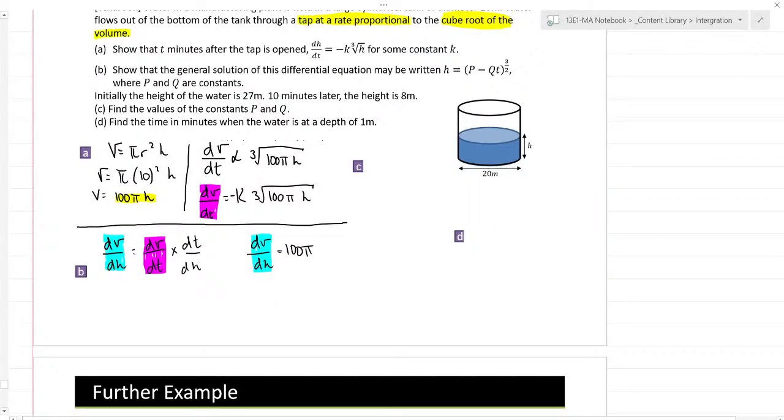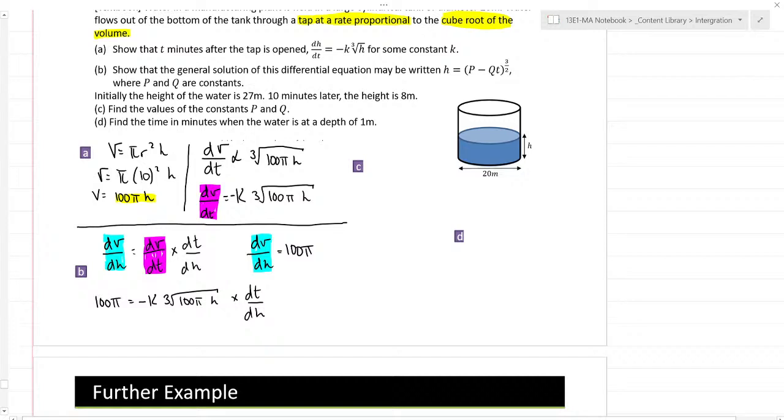dv by dh, 100 pi, is equal to dv by dt, which is minus k third root of 100 pi h, times dt by dh. Everybody all right with that so far?